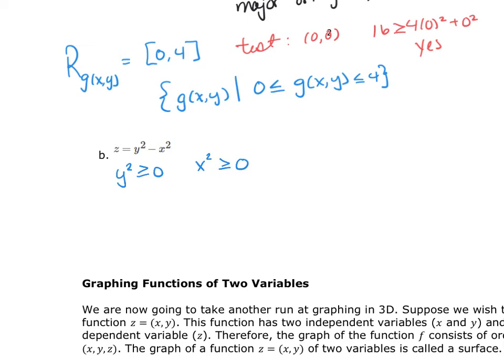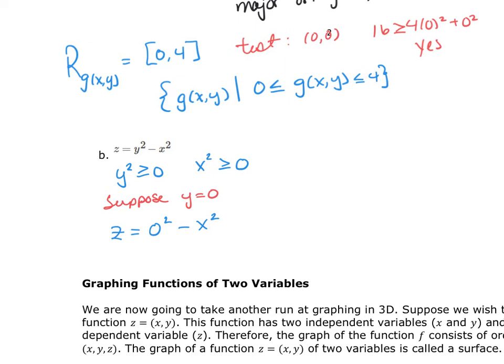And let's suppose y equals 0. If y equals 0, then z is going to be 0 squared minus x squared. And since I don't have any restrictions on my domain, my x squared could be, I don't know, the ordered pair.